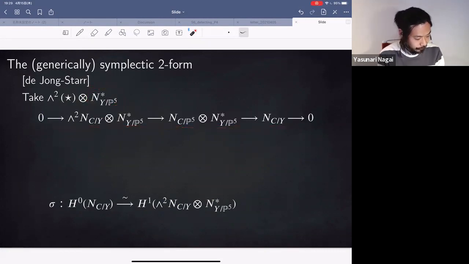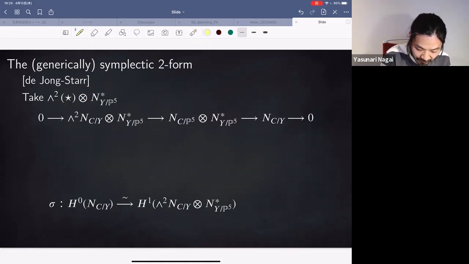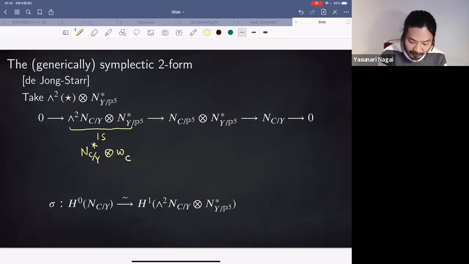And I think actually this bundle is isomorphic to the conormal bundle of the curve C inside of Y, tensored with omega of C. This is a degree consideration.